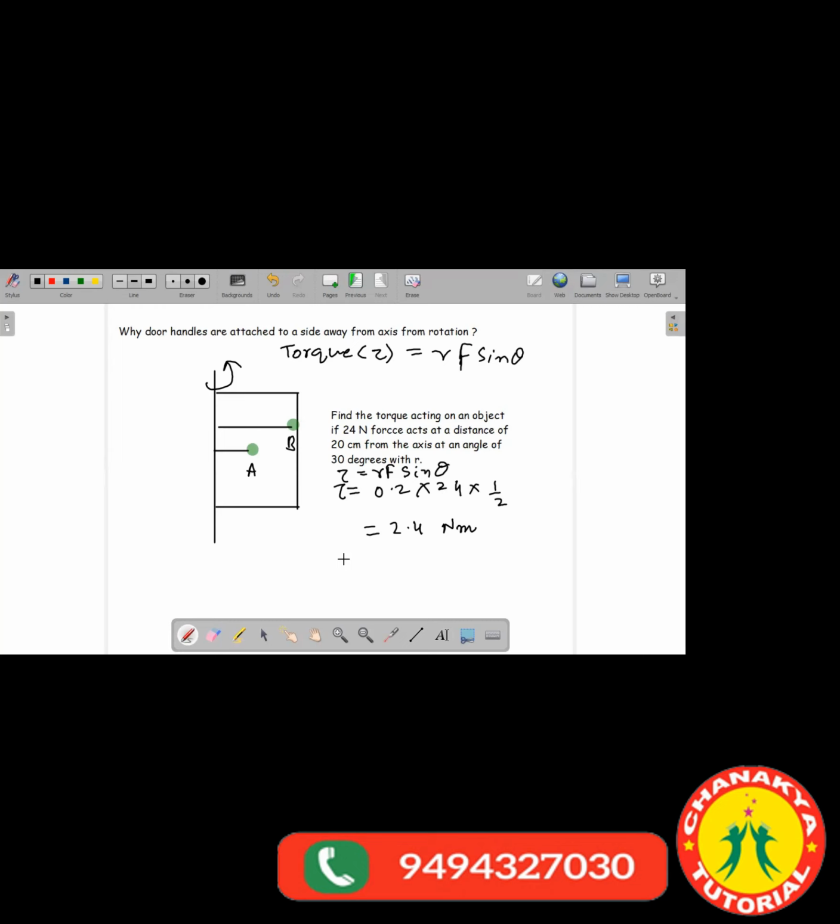Will you do one more question now? See, a wrench of 20 centimeter length.